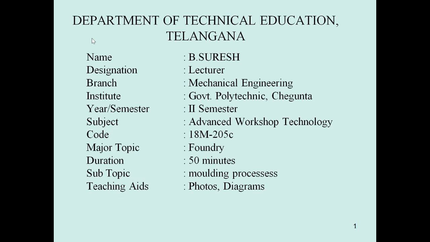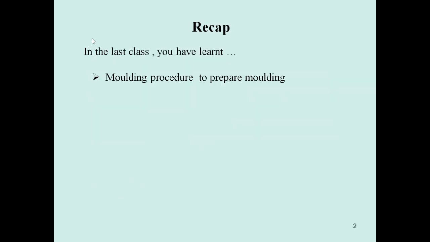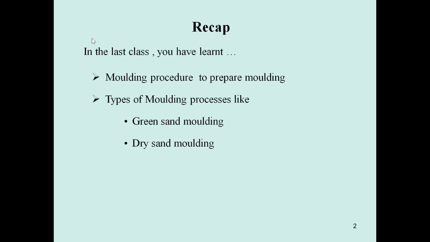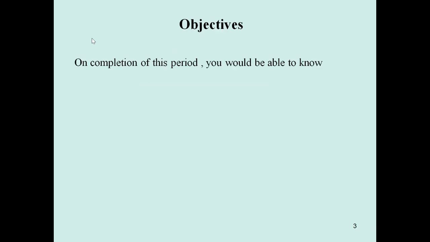I am going to deal with a subject called Advanced Workshop Technology, and today's major topic is Foundry, and the subtopic is molding processes in Foundry. In the previous class, or last video, we discussed the molding procedure and the types of molding processes like green sand molding, dry sand molding, and loam sand molding.